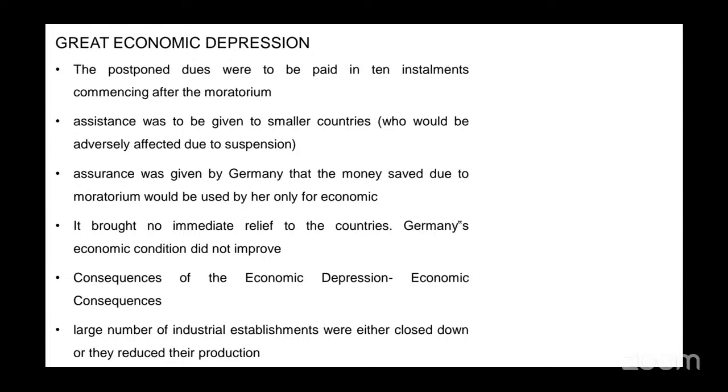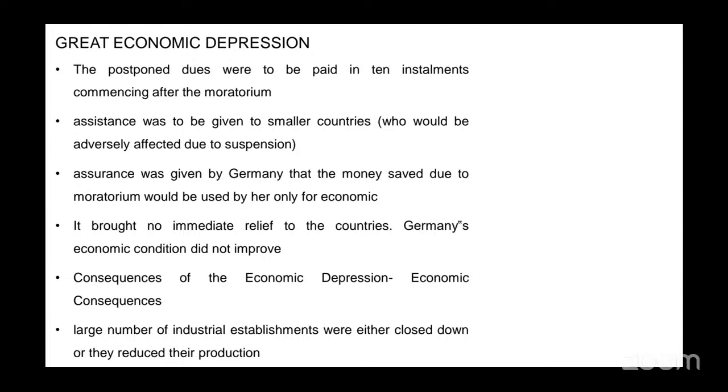During the reconstruction process it was very difficult, as their industries were not stable enough to reconstruct themselves in comparison with the powerful nations. Assurance was given by Germany that money saved due to the moratorium would be used only for economic purposes, not for military purposes. But it brought no immediate relief to the countries, and neither did Germany's economy improve.